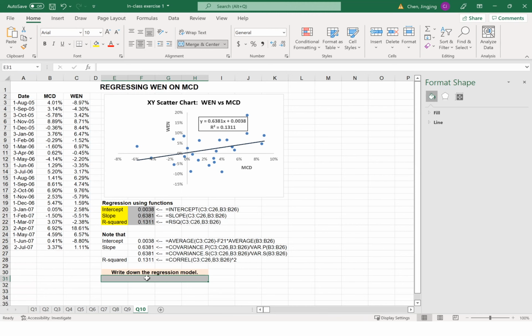What is our regression model? So what is A and what is B?